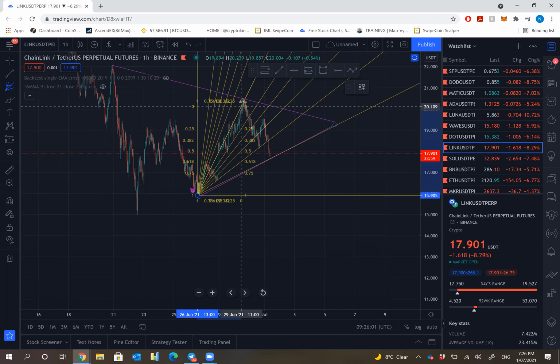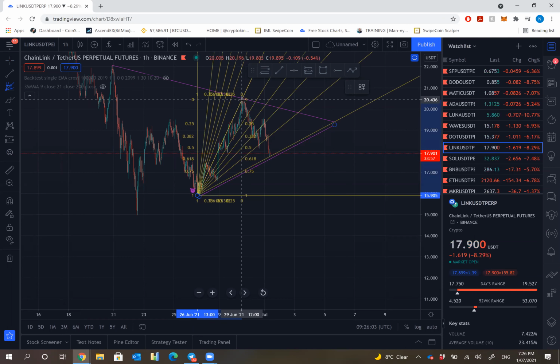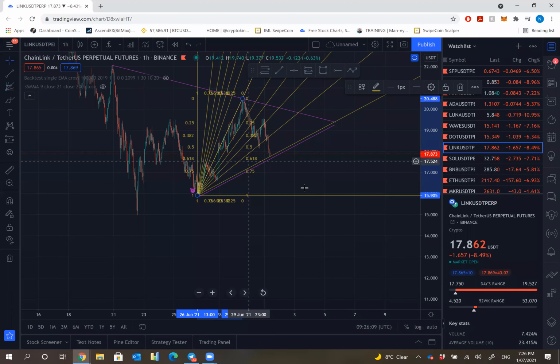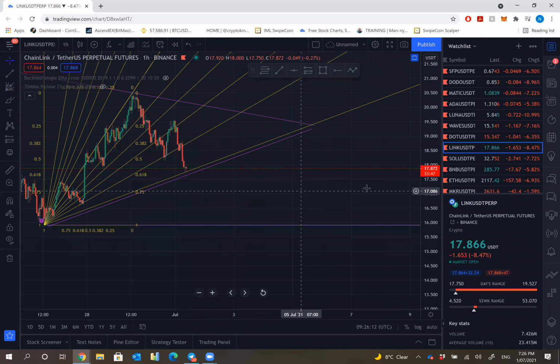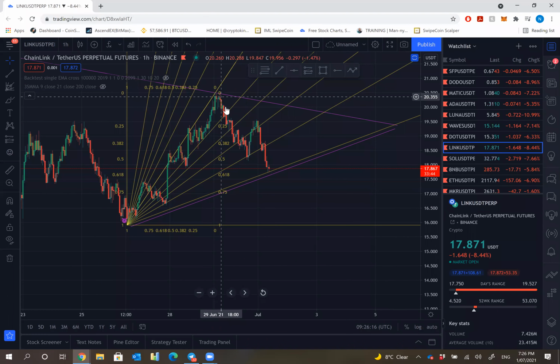So I will draw my fib fan here. And you can adjust your fib fan accordingly to try and make it fit your areas or your zones. So this is the way that I do it. With your fib fan, these are all just areas of distance, right? Just like with your trend lines, you want to try and make them fit.